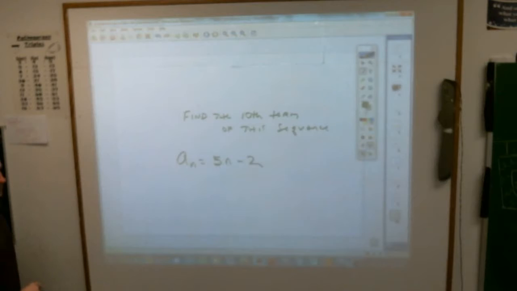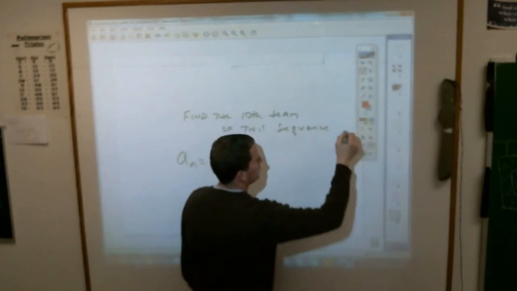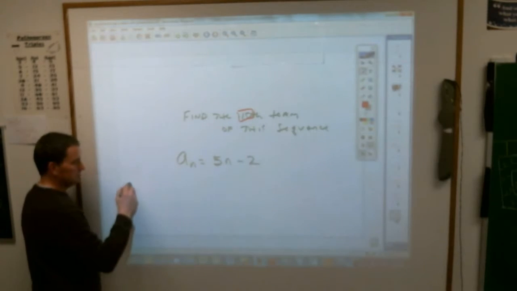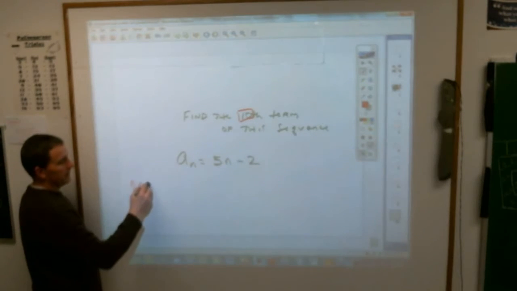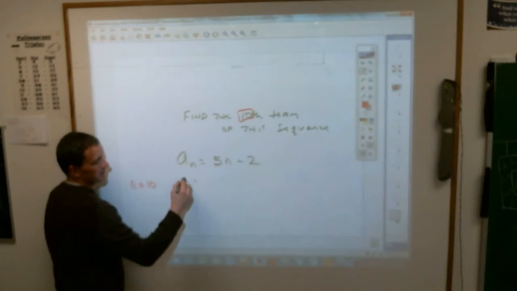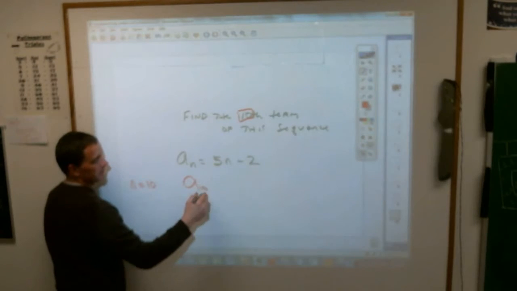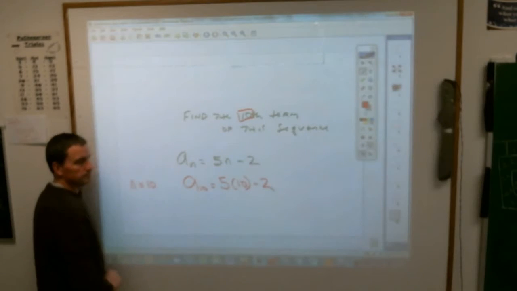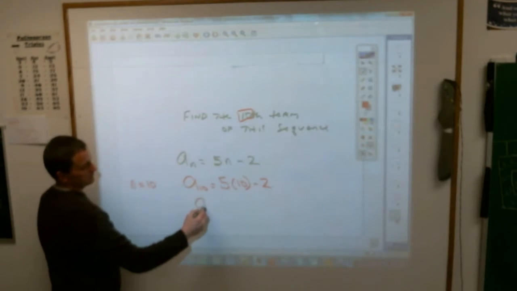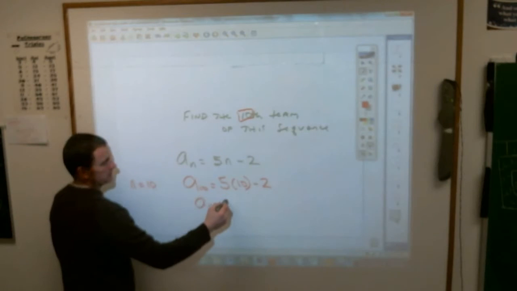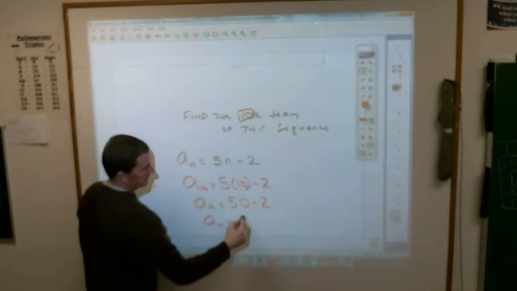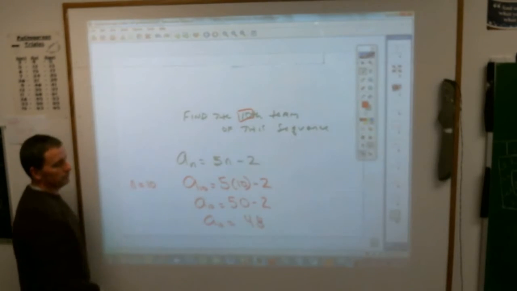If you're doing this mathematically, you know that n is 10. So I put 10 in for the letter n. The value of the 10th term is 5 times 10 minus 2, which is 50 minus 2, which is 48.